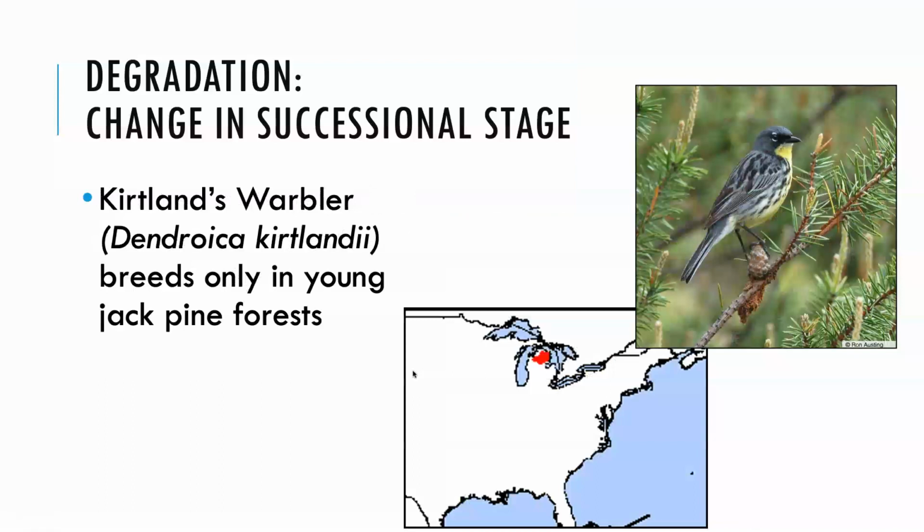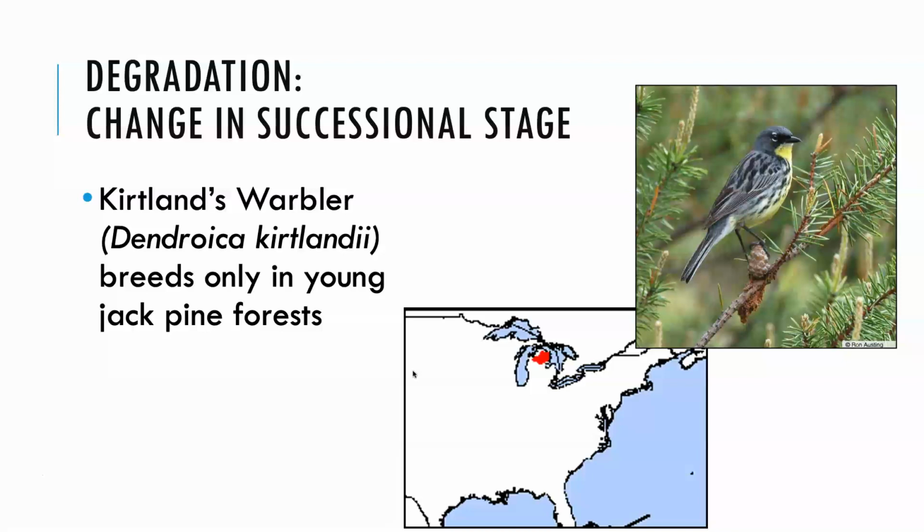So it has to be that early stage of succession, young trees, and it has to be jack pine. So if we pulled all of the young jack pine forests, assuming that everything could use the older jack pine forests, the Kirtland's warbler would not be able to survive because they need that specific successional stage. So that's how you can degrade a habitat by removing resources.